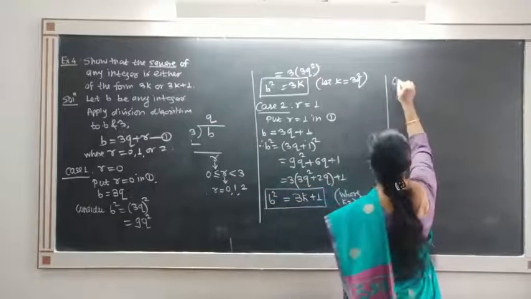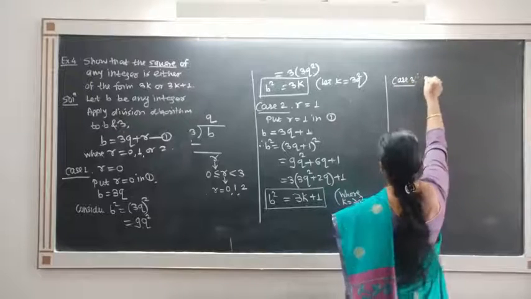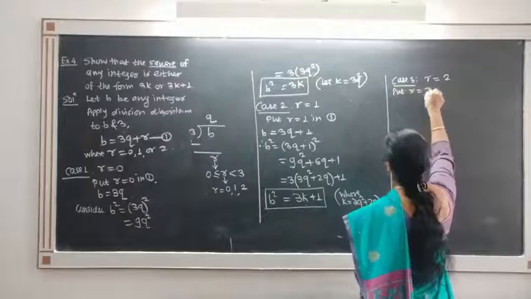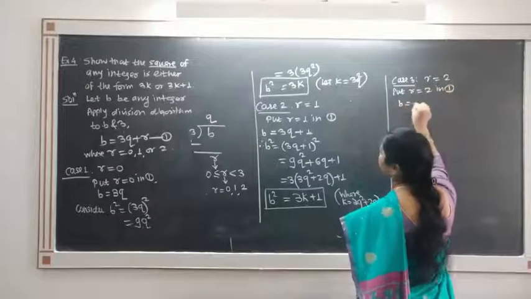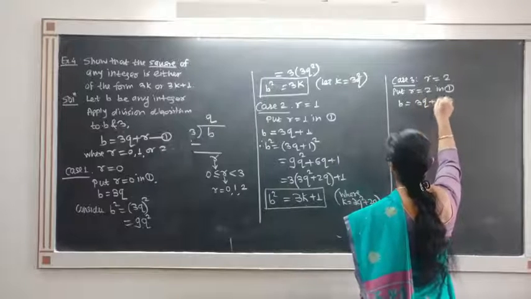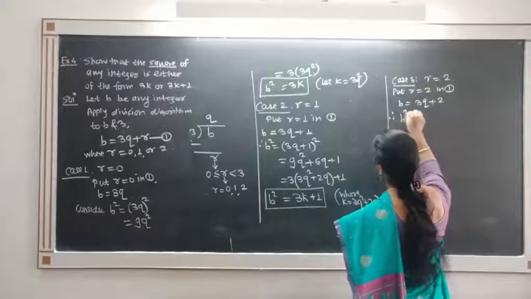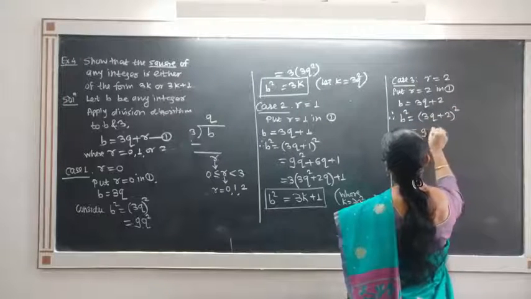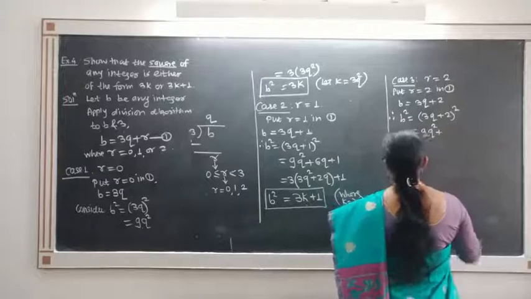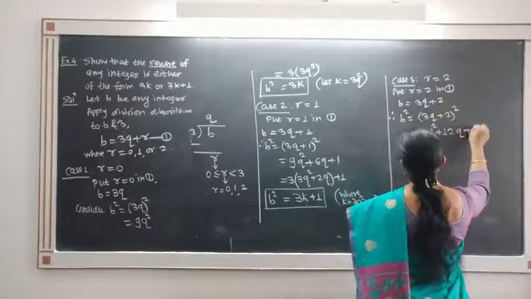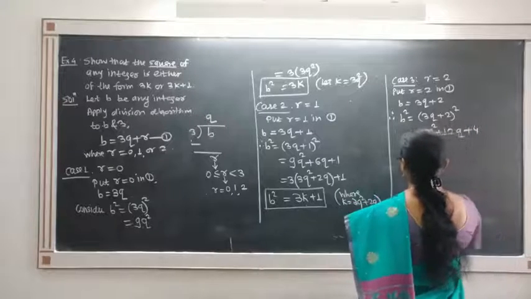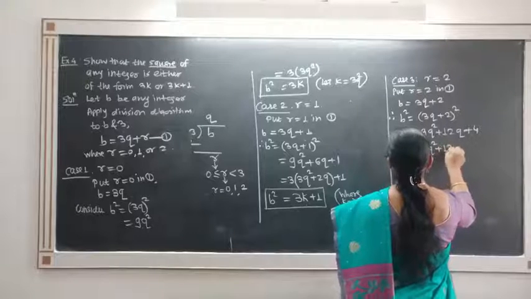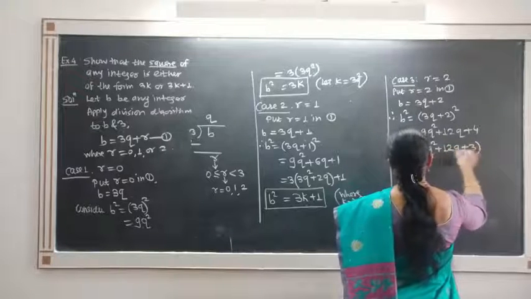Consider case 3: r is equal to 2. If you put r equal to 2 in equation 1, we get b is equal to 3q plus 2. Consider b square, that is (3q plus 2) whole square. It is nothing but 9q square plus 12q plus 4. I will write this as 9q square plus 12q plus 3 plus 1.